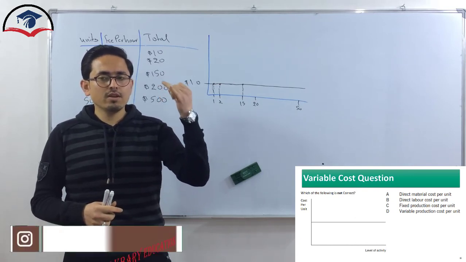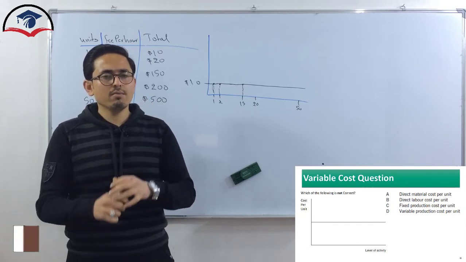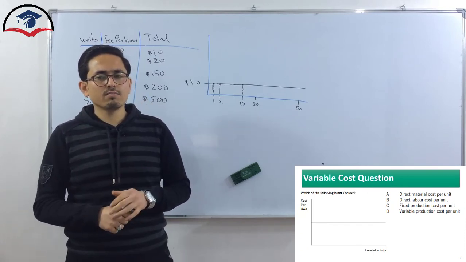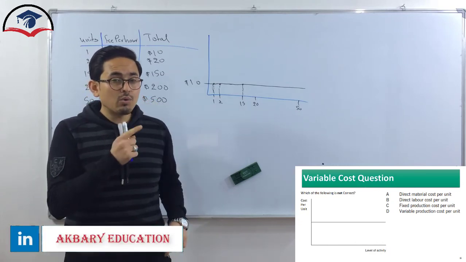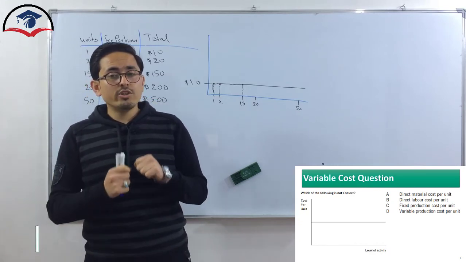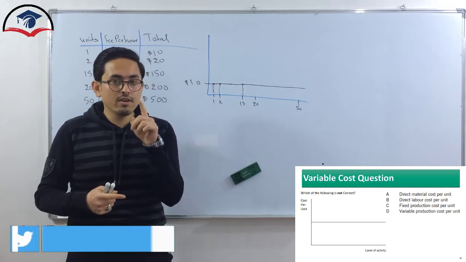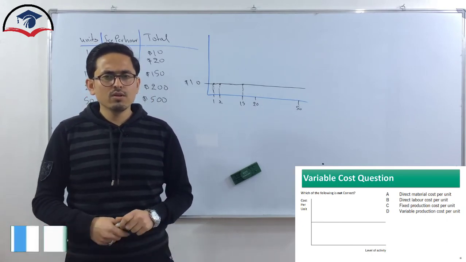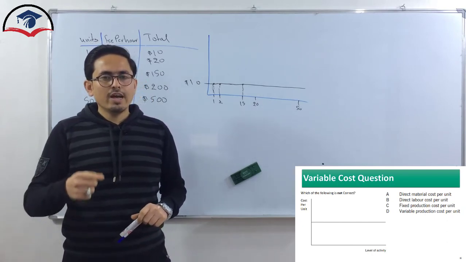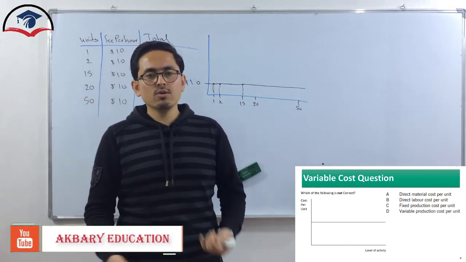Remember, direct material, direct labor, and variable production costs are all variable costs, and the only difference is fixed production cost per unit. And remember the question, which of the following is not correct? Remember the not. Now read the question carefully, pause the video, think about that, and find the answer. Else we need to continue with the video.